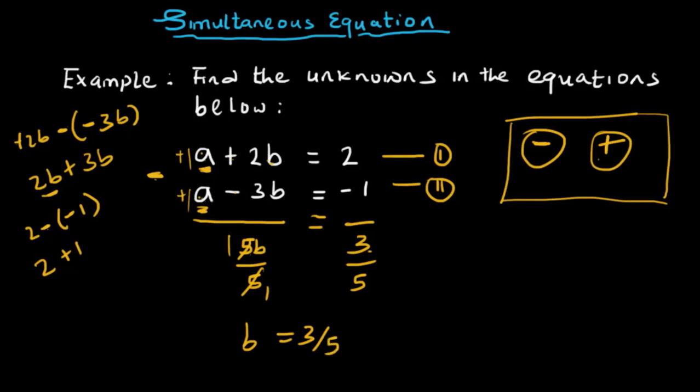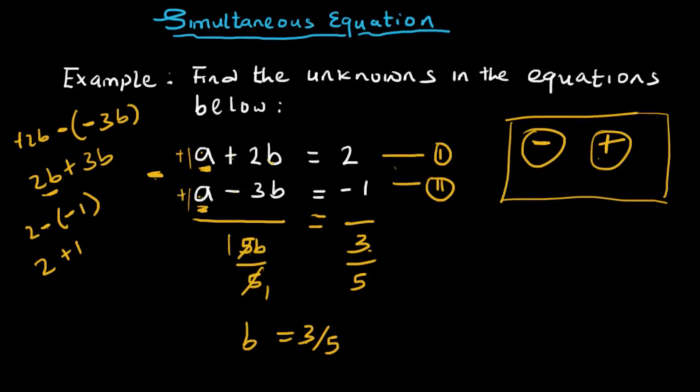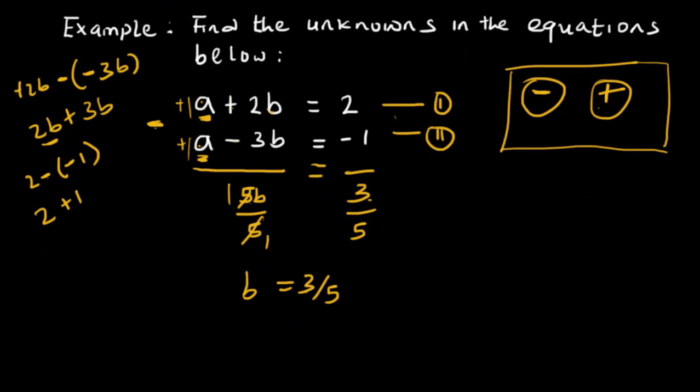Do you understand? Now to find a, you put b as 3 over 5 in either equation 1 or equation 2. So let's do that. Put b equals 3 over 5 in equation, let's say, 1. And remember, I told you after writing that you have to write the equation first.